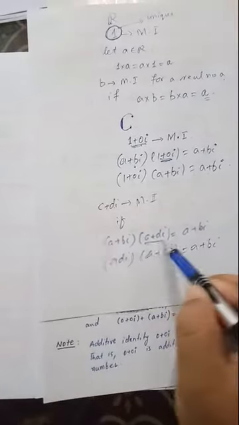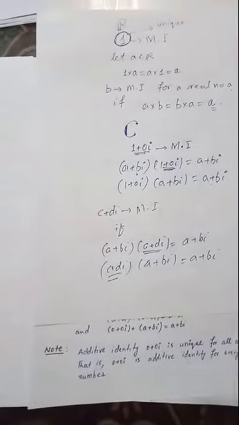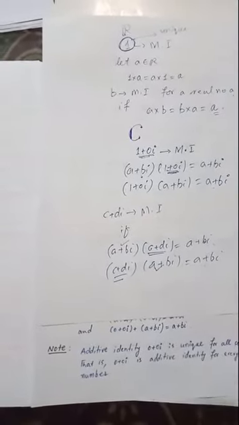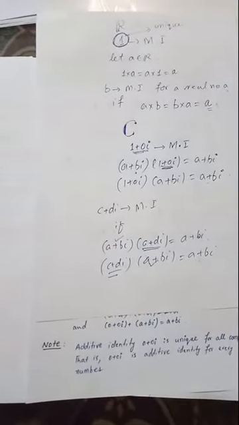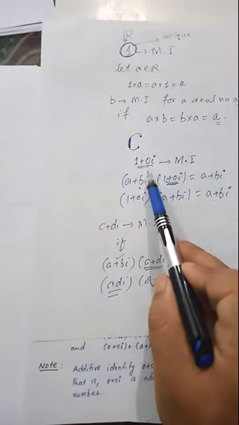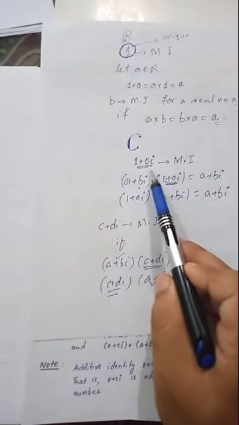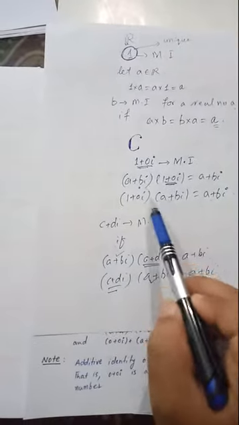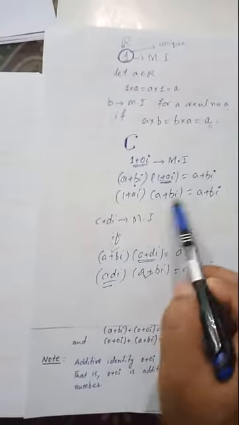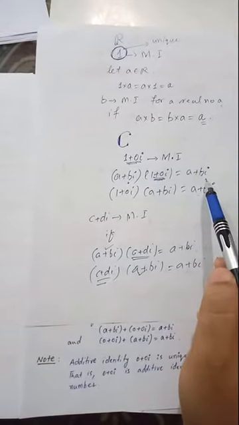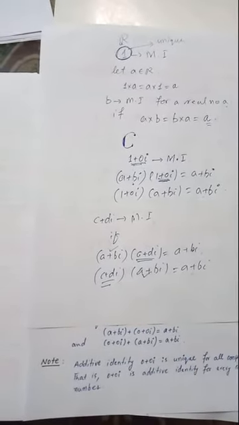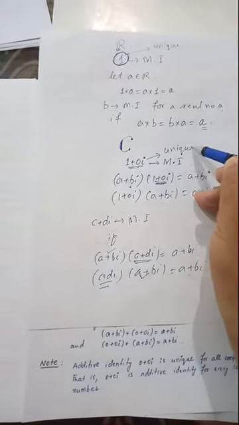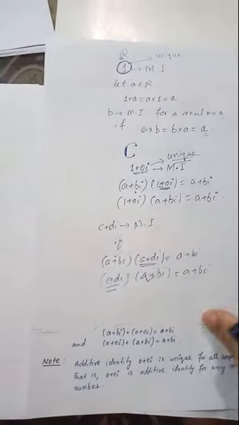I mean, by multiplying c plus d iota from left or right, the complex number doesn't change. So this c plus d iota is called the multiplicative identity. But for the case of the complex number, 1 plus 0 iota is such a complex number which multiply with any complex number from left or from right, so that complex number doesn't change. So this is called the multiplicative identity. Remember, multiplicative identity is unique. This is for all.